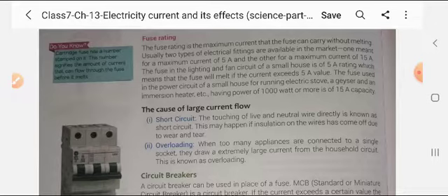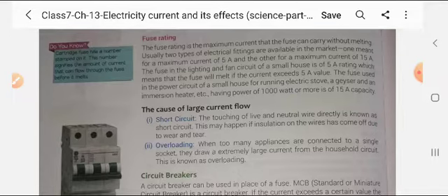If it comes due to some reasons, the wire present inside the fuse melts and breaks the circuit, and in these conditions the many appliances that run on electricity are saved from being damaged.